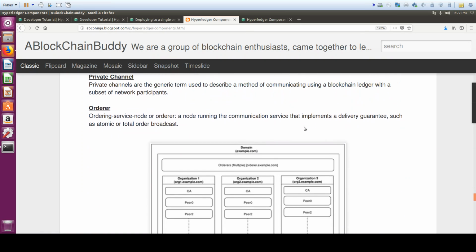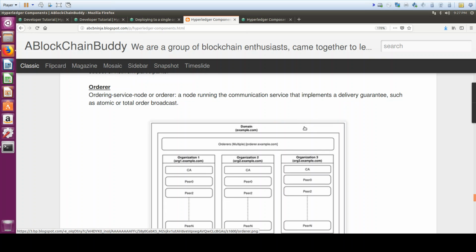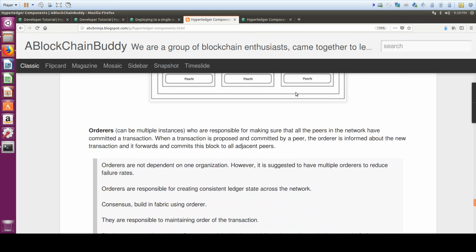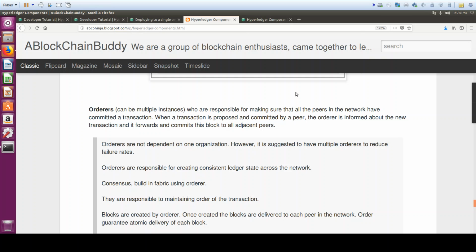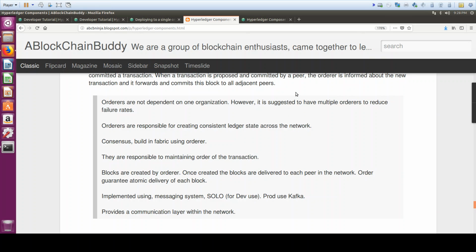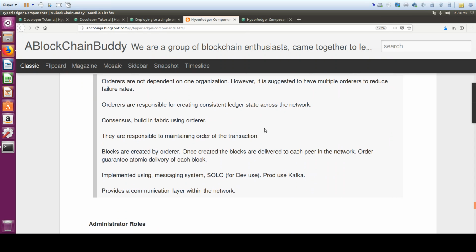Then orderer, we have seen the importance of orderer. That is a communication service that guarantees delivery, and we have seen orderers in detail. Orderers do not depend on one organization. Orderers are responsible for creating a consistent ledger state across the network.